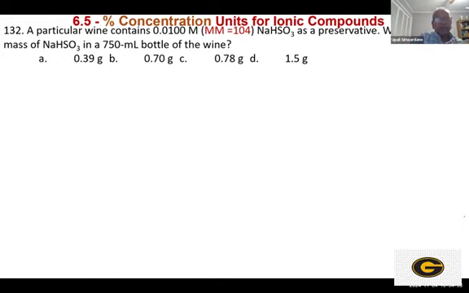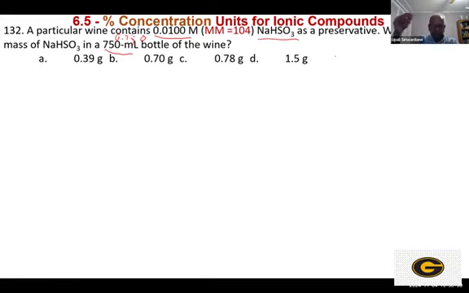The question is the molarity given of a preservative in wine, sodium bisulfite. What is the mass? From the molarity, liters 750. So you can calculate from the molarity grams of the solution.